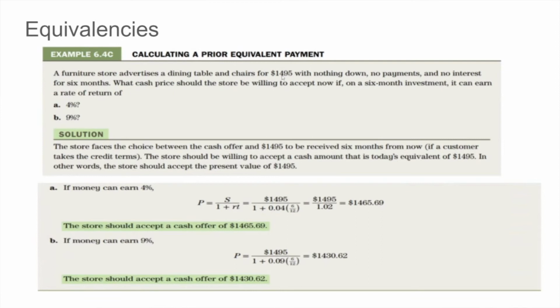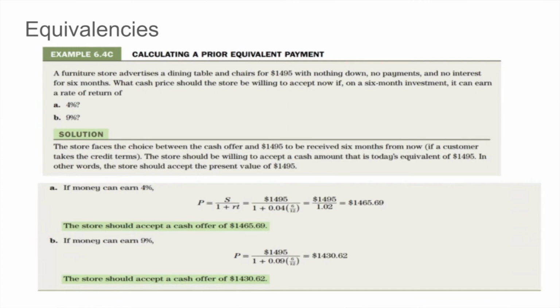You could pay $1,495 down now. You go in, here's the chair, the table for $1,495, no interest, no payments, and so on for 6 months. So what you're really saying is, what if you had cash on the barrel there on that day, you should be able to get it for less than $1,495, because let's be serious, the interest is built into the price. So if you could pay for it right now, you should get it at a lower rate.